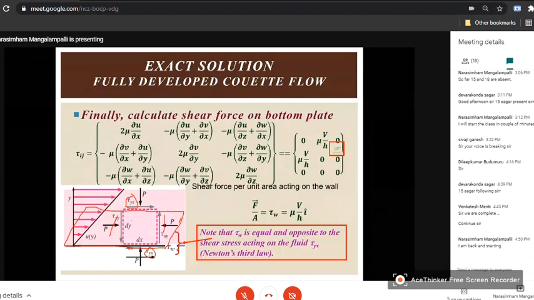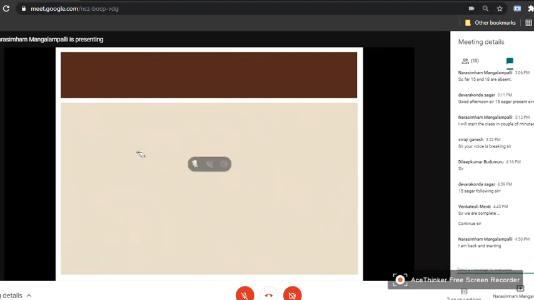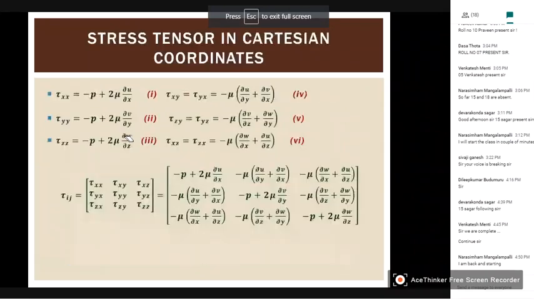If you consider this plate, one minute. I'll erase all these things. See, this is the shear stress notation which you had. I'll go back to the earlier slide and show how we have defined the shear stress tensor.